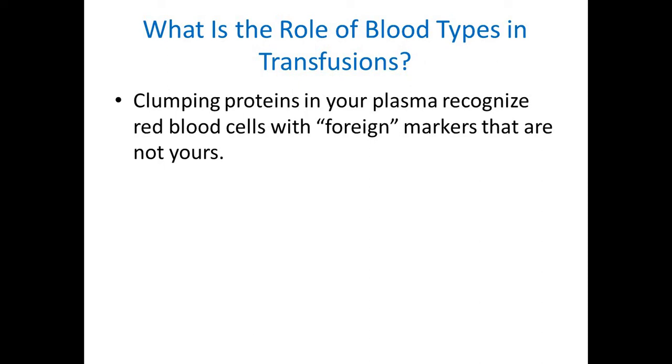Any foreign red blood cells that come from anyone, the clumping protein will develop and interact with these new red blood cells. So clumping proteins in your plasma recognize red blood cells with foreign markers that are not yours.